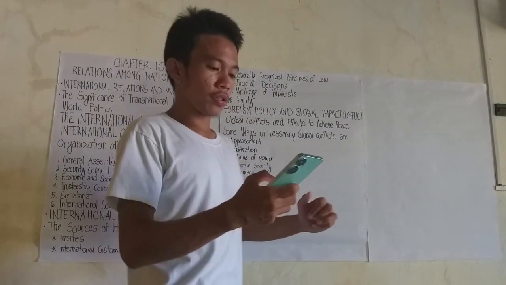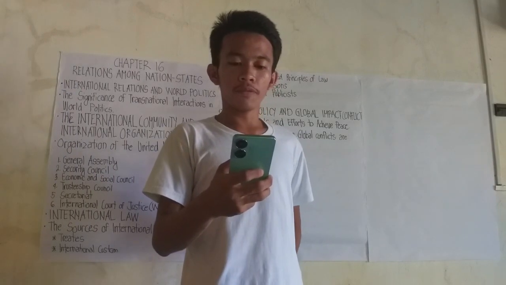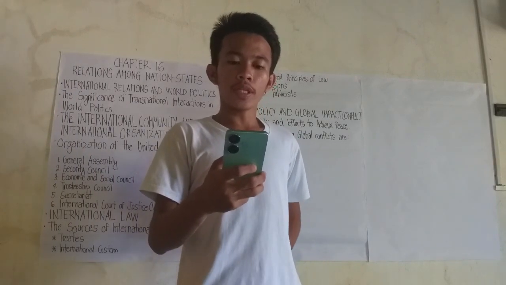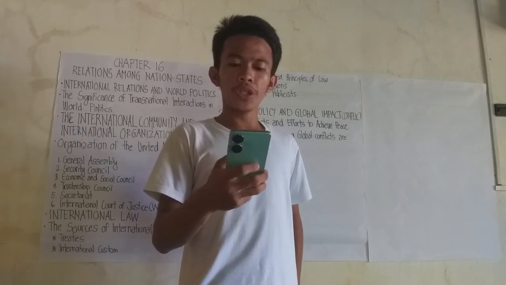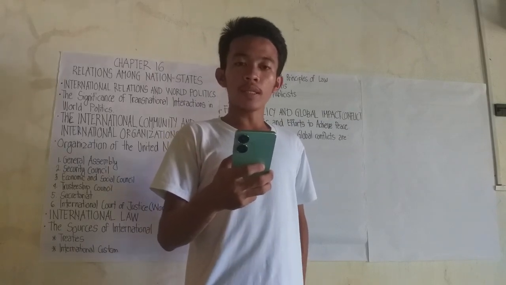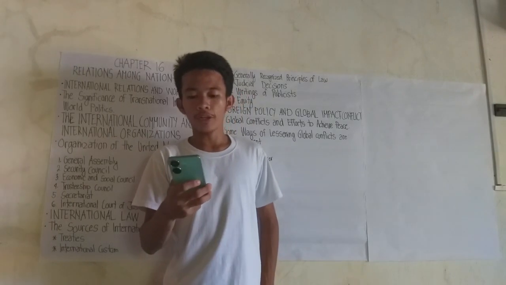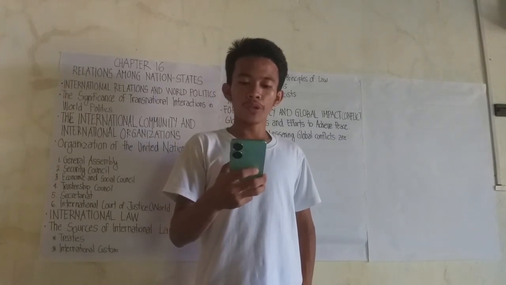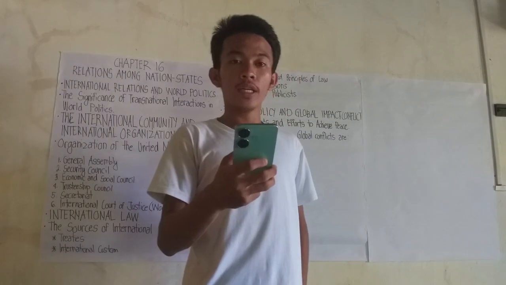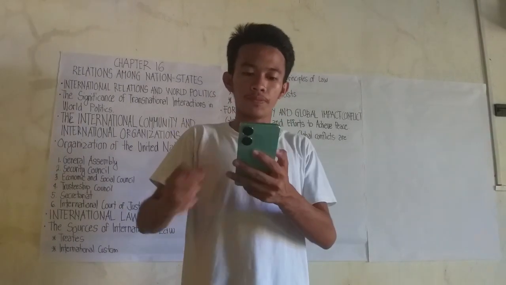Second, arbitration. Arbitration is a method of resolving disputes outside of traditional court systems. Arbitration is a procedure in which a dispute is submitted by agreement of the parties to one or more arbitrators who make a binding decision on the dispute.